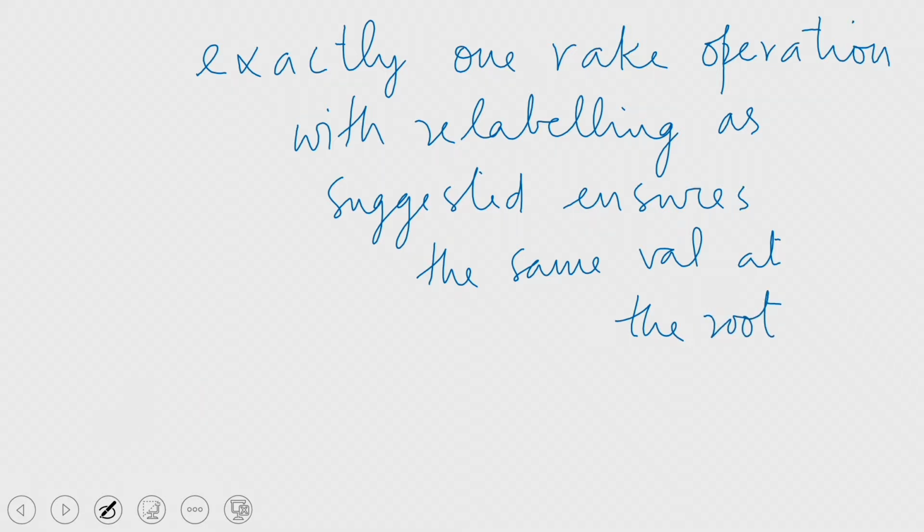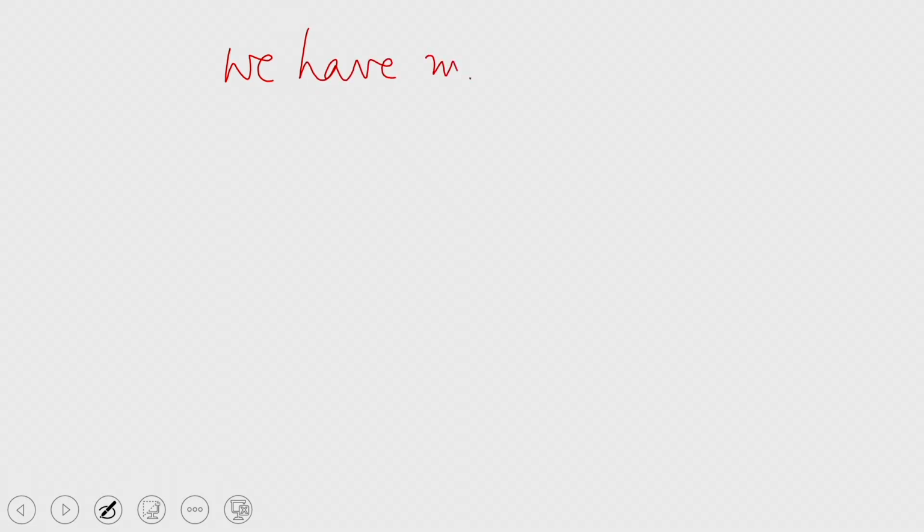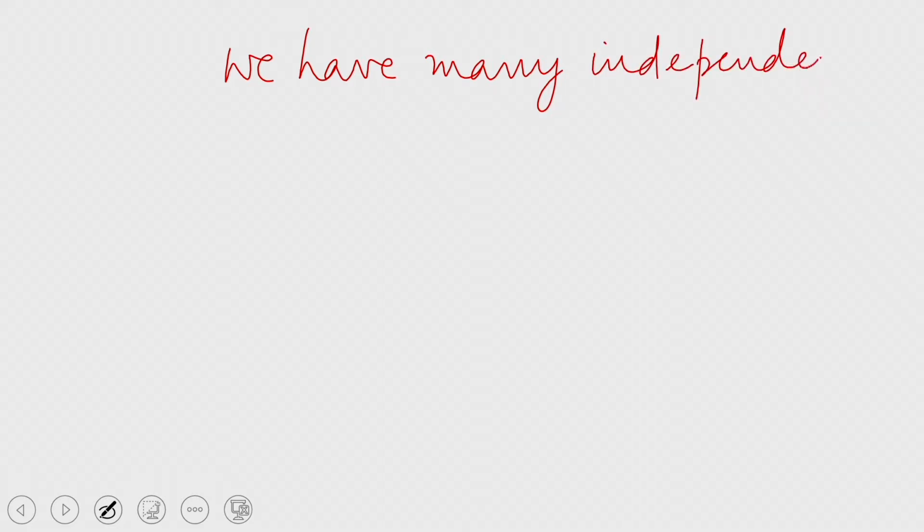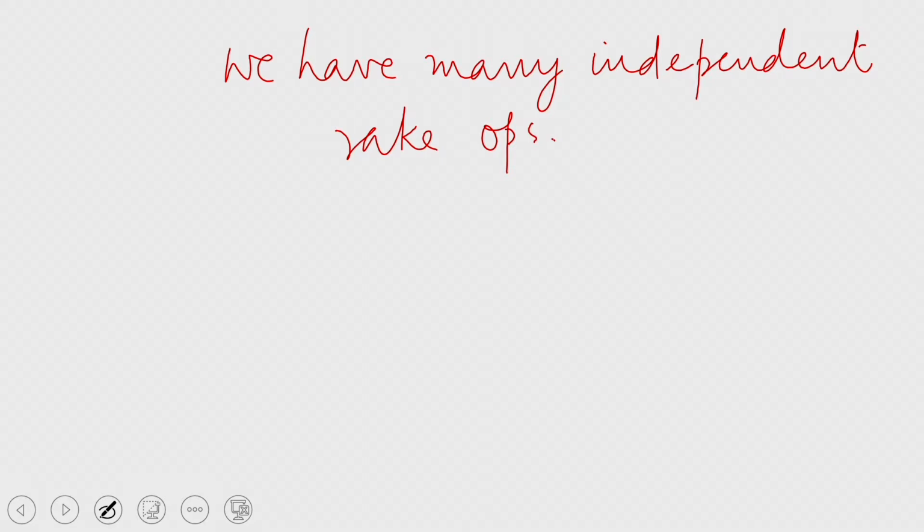But then it should be the same even if we perform multiple rake operations. Let us say we have many independent rake operations, independent in the sense that these rake operations do not interfere with each other.